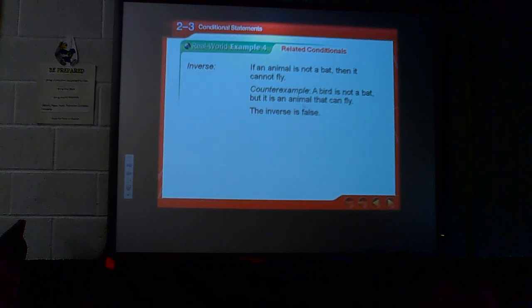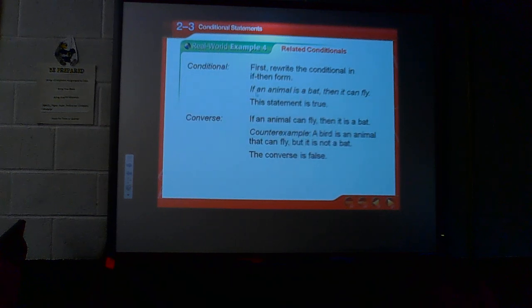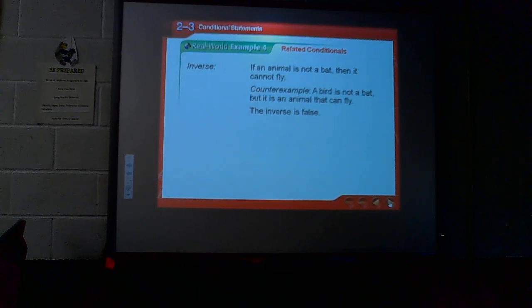And then the last one is my contrapositive. When we do the contrapositive, we go back to our original conditional, and now we flip-flop our hypothesis and conclusion, and we negate both of them. So we basically do the old switcheroo, and we turn them into negatives.